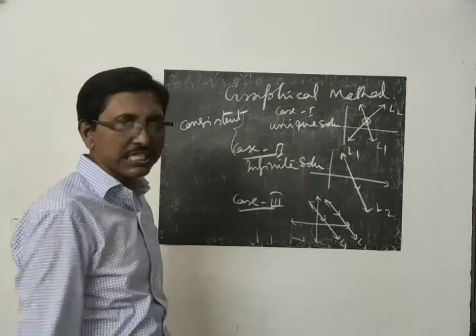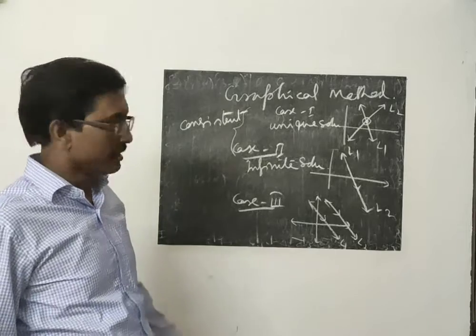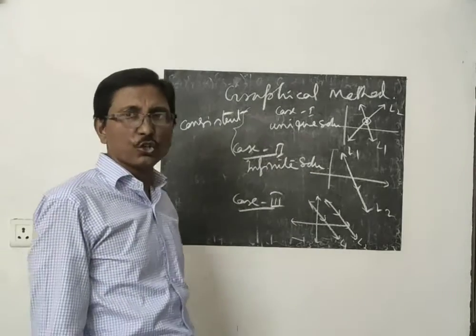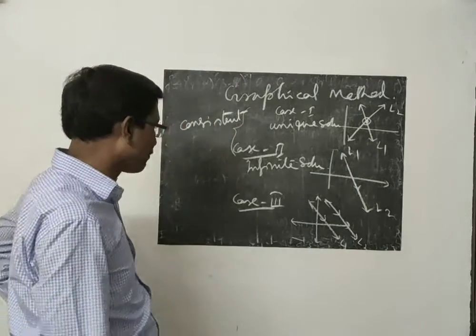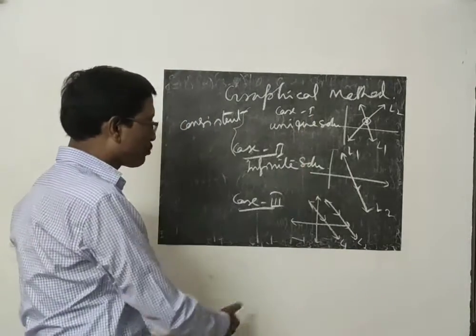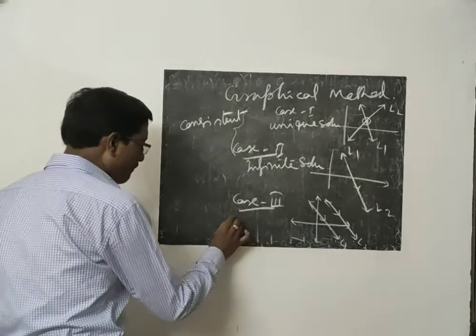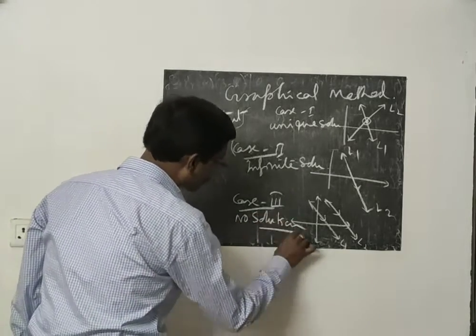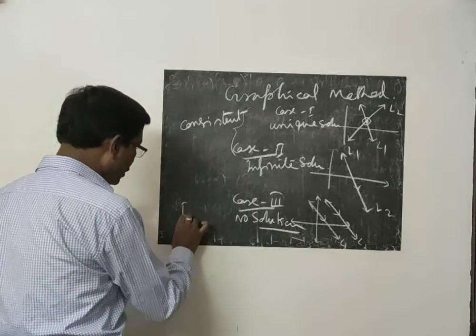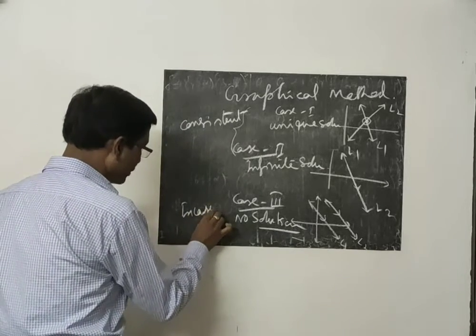If these two lines are parallel, then how many points are common? No points are common. In other words, from the equation point of view, they have no solution. No common point means no solution. And this is known as inconsistent.